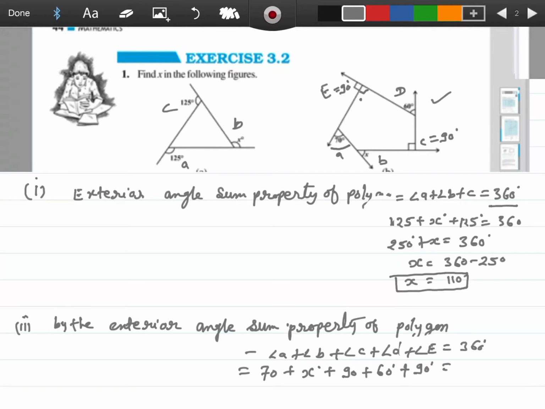Now add all these angles. 70 plus 90 is 160, 160 plus 60 is 220, 220 plus 90 is 310 degrees.